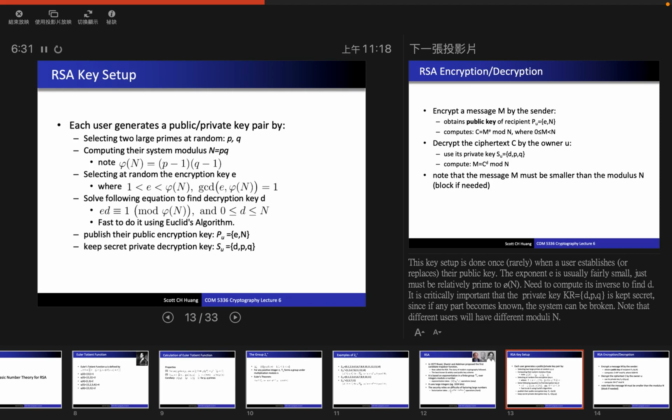You're the only person that knows P and Q. Nobody knows D. Nobody knows P and Q, because you're the only person who does this calculation. So that's the idea.